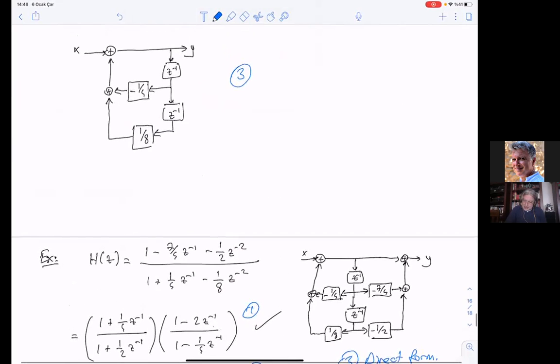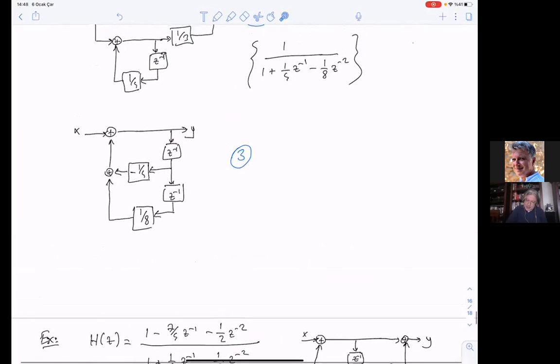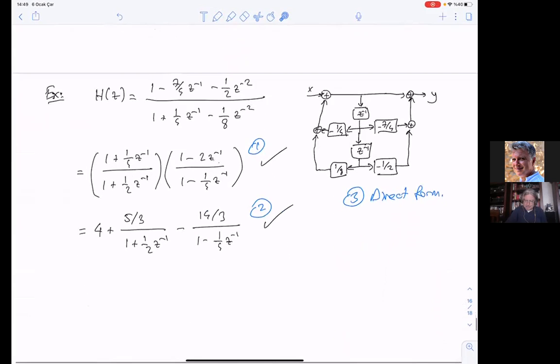Now in this last direct form, I want you to notice that this part, the feedback part, is essentially the same as this part. It's the same because this denominator is the same as this denominator, so the denominators will go towards the left-hand side like this.